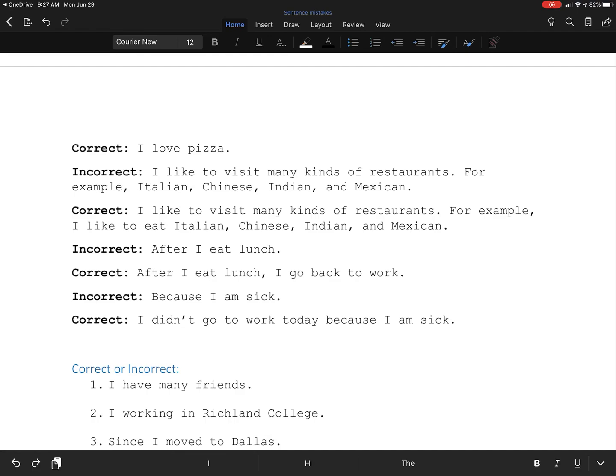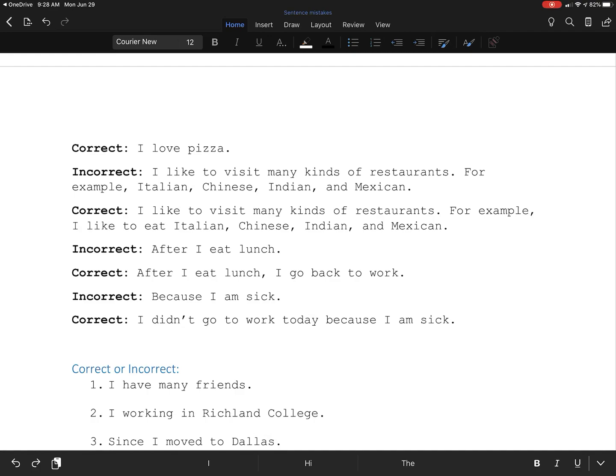But when we make a sentence with for example, we still need to have a subject and a verb. If we look at this sentence, I like to visit many kinds of restaurants. That is a good sentence. However, for example, Italian, Chinese, Indian, and Mexican, that is not correct because there's no subject and there's no verb.